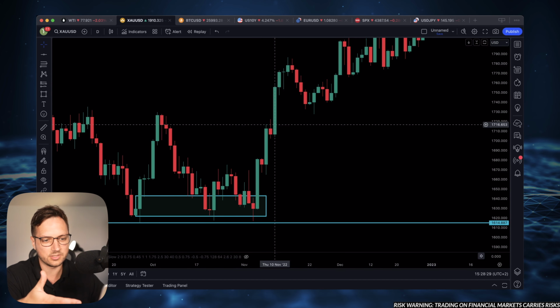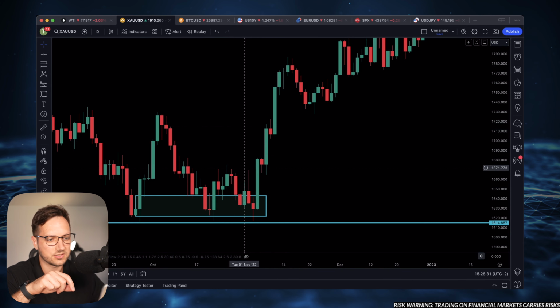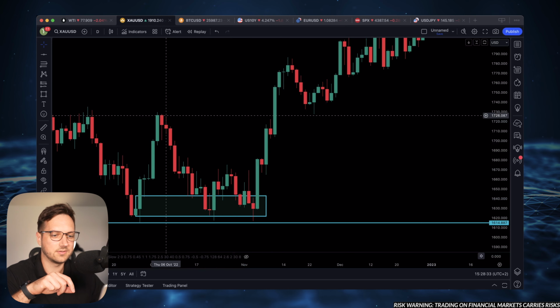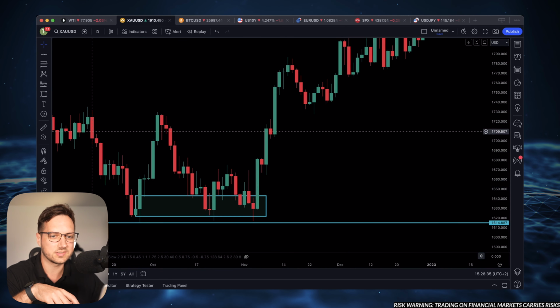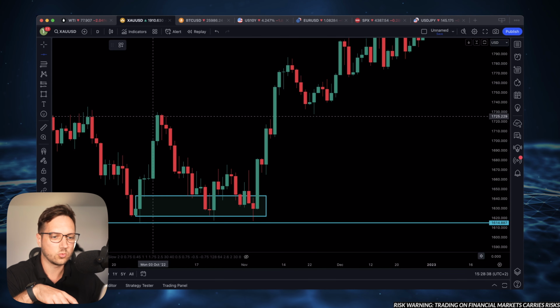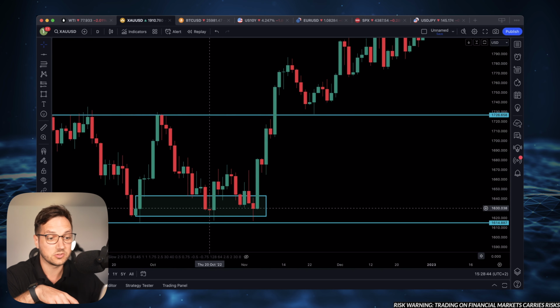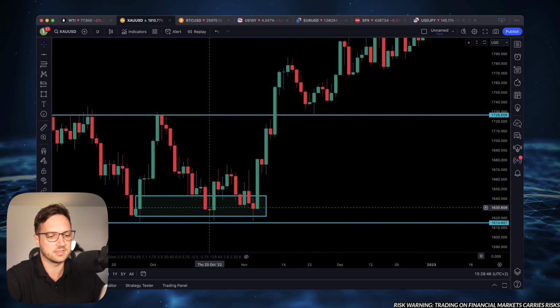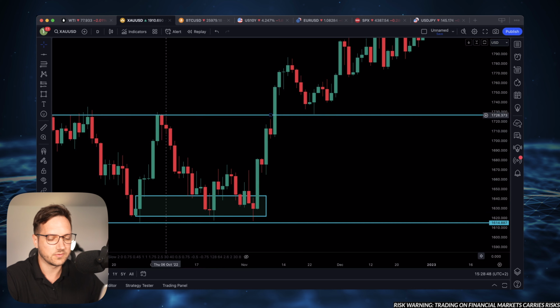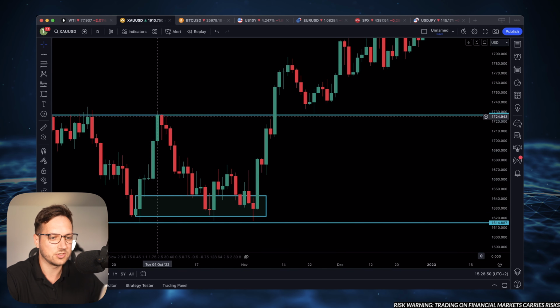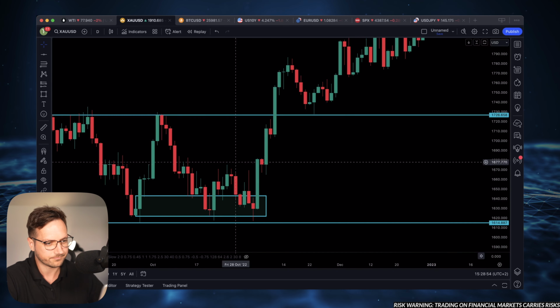So what we are doing, of course, if such a scenario occurs and we have this previous setup, we are checking how we are breaking out of this zone, out of this demand zone, out of this movement, because this set for us the range of the price.